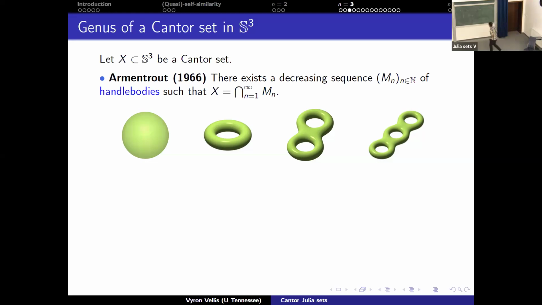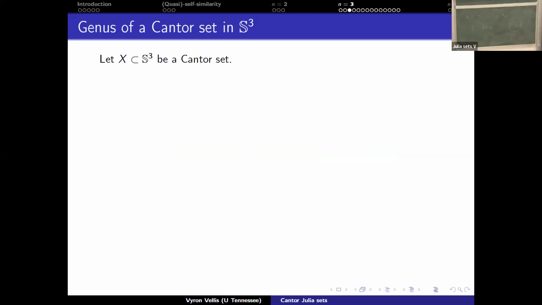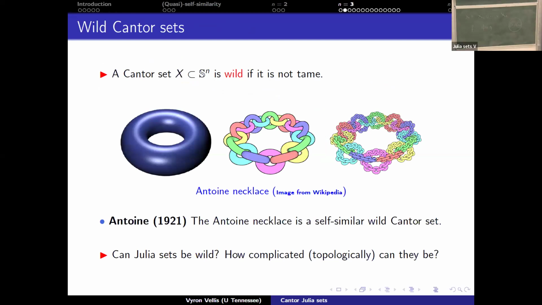So, for example, if you take the standard Cantor set, then you can construct it using only balls, right? And so on and so forth. So that's a defining sequence. And a defining sequence for the Antoine necklace is already given in this picture, right? You use a defining sequence of solid cubes.